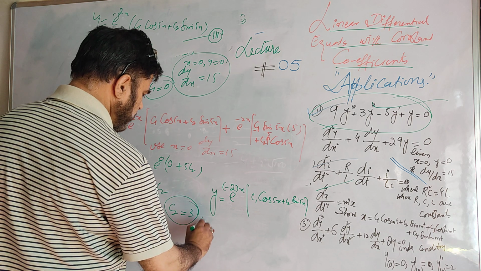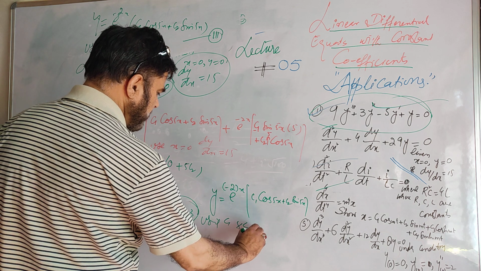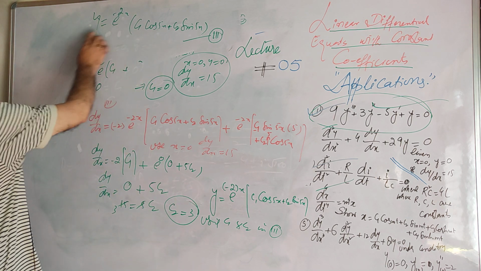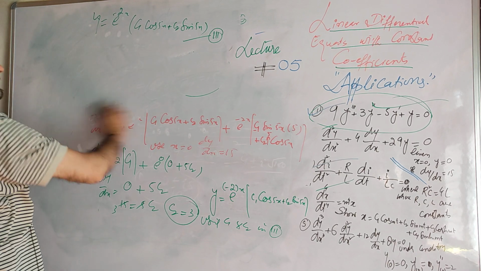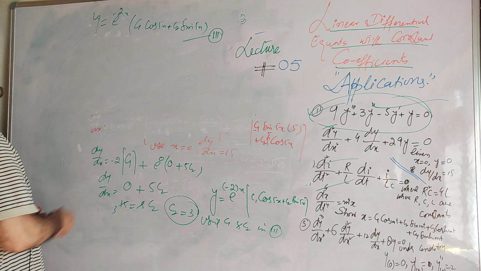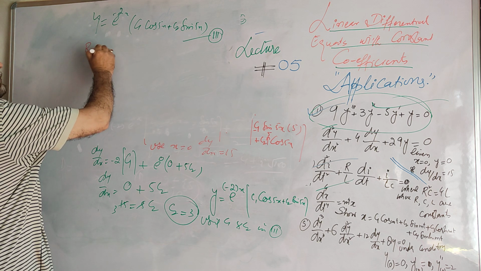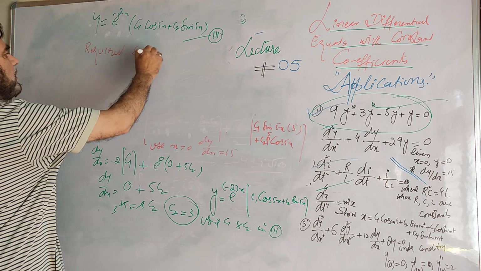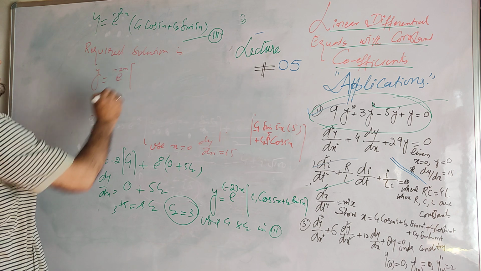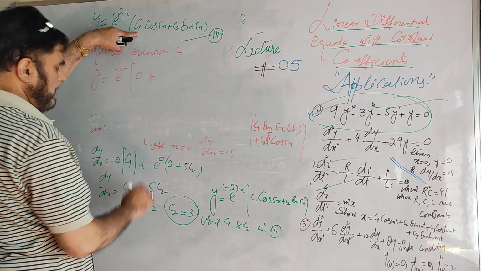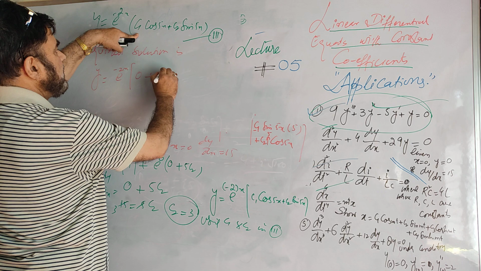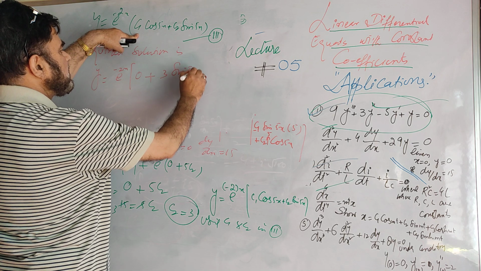So what is the general solution? Using c1 and c2 in the third equation, you will get the complete solution in this case. The required solution is y is equal to e raised power minus 2x, but c1 is 0, plus you have got c2 as 3, it is 3 sine of 5x.